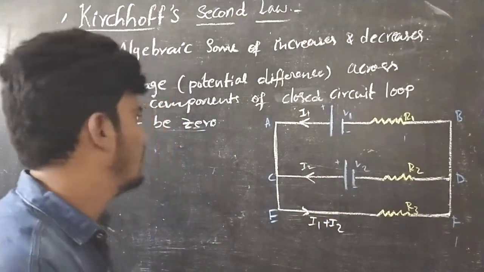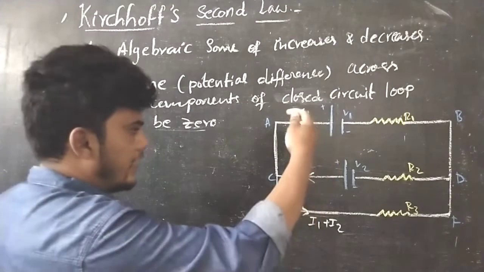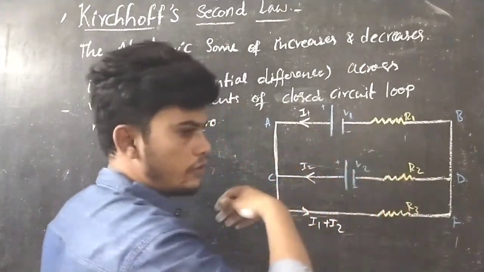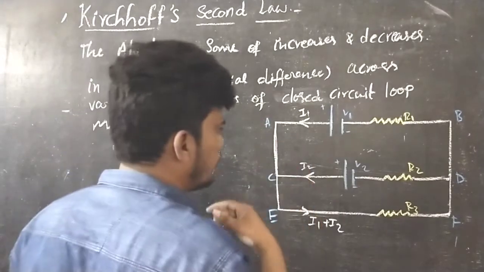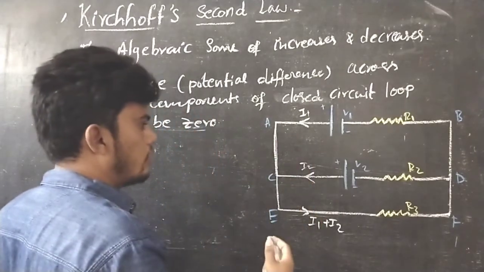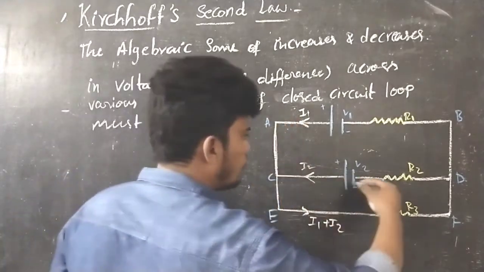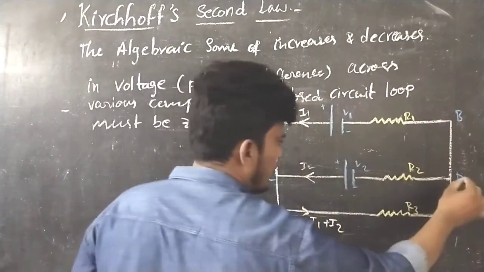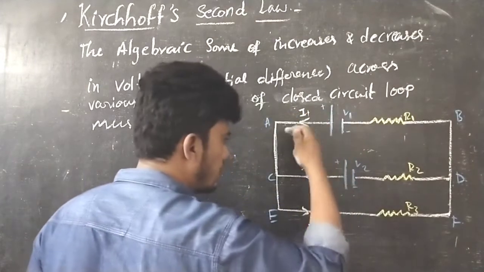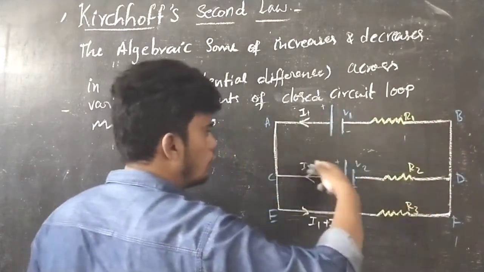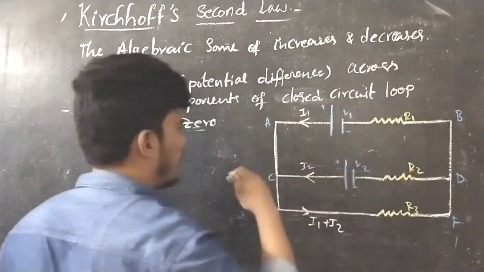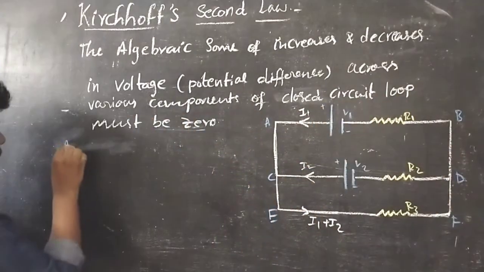Focus carefully. Look at here. It is a loop. It is also called a mesh or closed circuit. In this loop, I will take the first loop as A, C, D, B, A. So I am taking the first part of this loop to apply Kirchhoff's law.